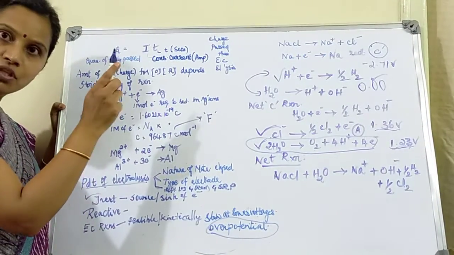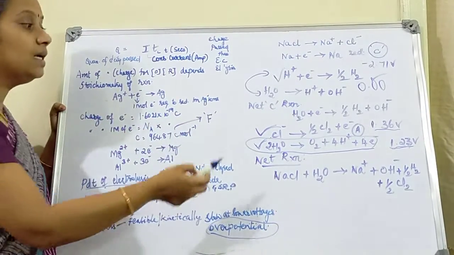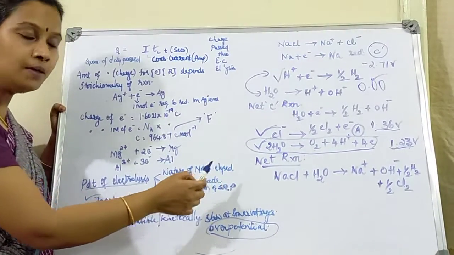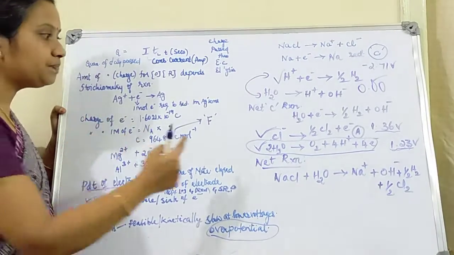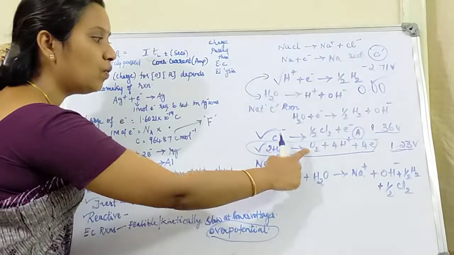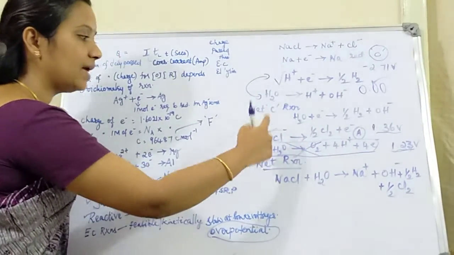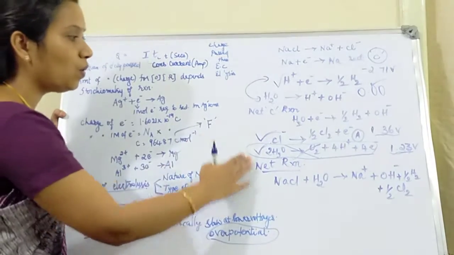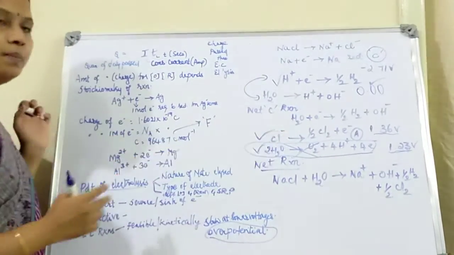So in cathode, which reaction is preferred? Reaction having higher electrode potential. In anode, which reaction is preferred? Reaction having low electrode potential is preferred. So here, because of overpotential of oxygen, I have crossed this and I have taken this reaction as a preference. Now what is the net reaction? NaCl plus water giving these are the products.